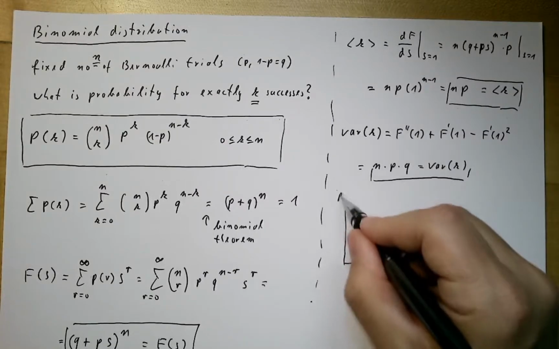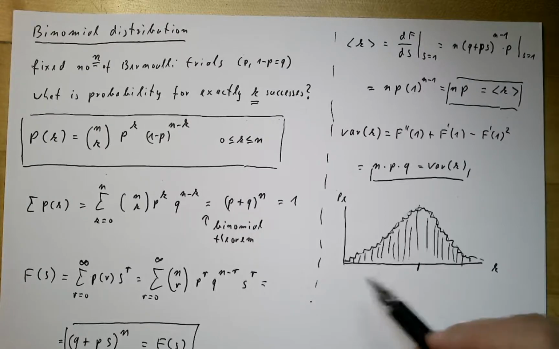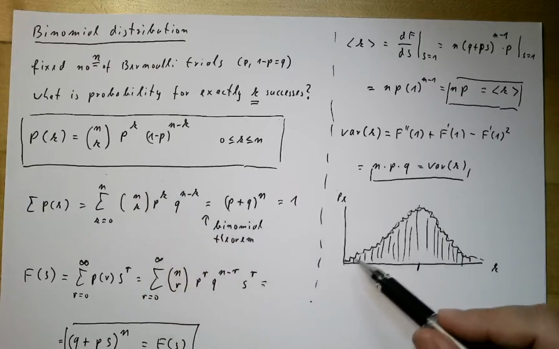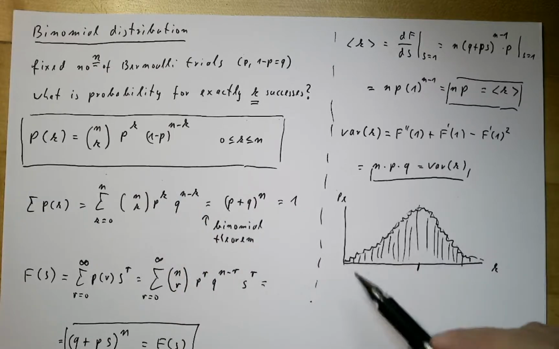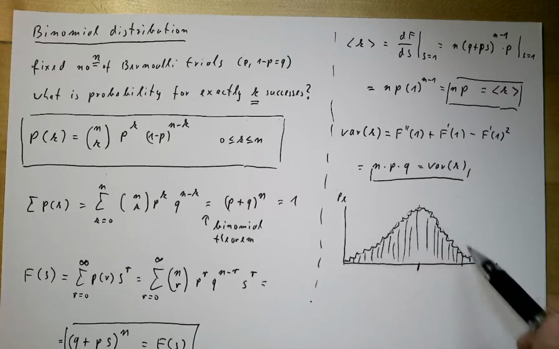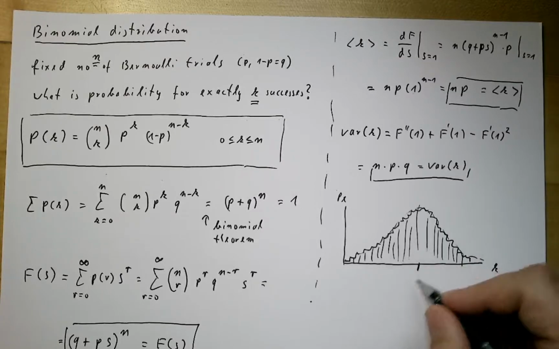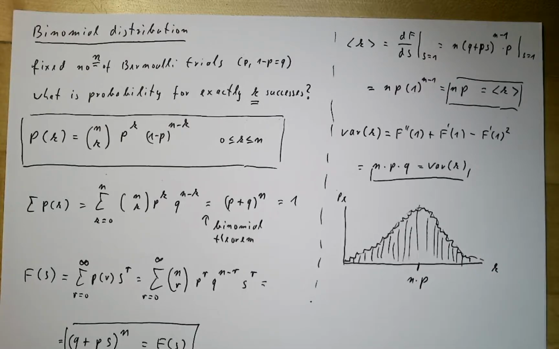Maybe let's make a graph of P of k against k. Probably you all know this, but if you plot this distribution, you see it looks like a Gaussian. The binomial distribution is like the discrete version of the Gaussian, just as the geometric distribution was the discrete version of the exponential, and the typical value here is n times p.